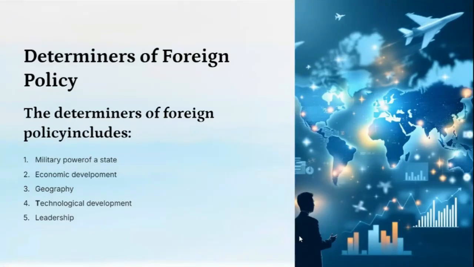Like Nigeria is located in Africa and it has a lot of natural resources. Nigeria is also a big country. If you want to talk about one of the biggest countries in Africa, you tend to look at Nigeria. So those geographical areas actually influence the foreign policies of a country.